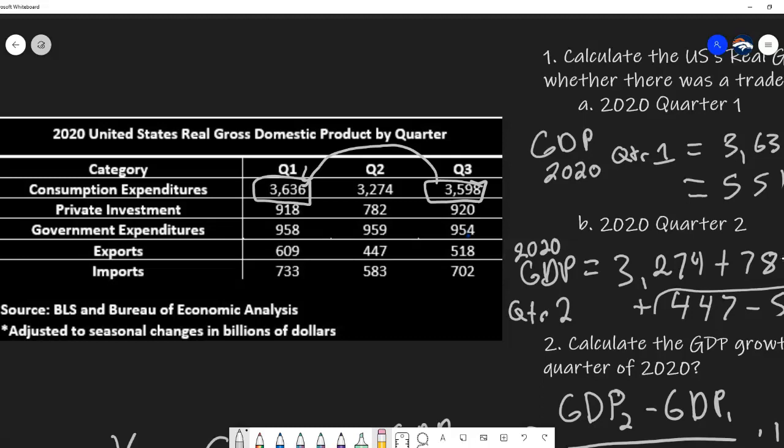Those are things like cars, major electronics, etc., houses, homes. And what we've seen is since we've been able to open back up, since we've had a vaccination where more people feel comfortable spending money, consumption has gone up, people are willing to spend more on these durable goods and services.